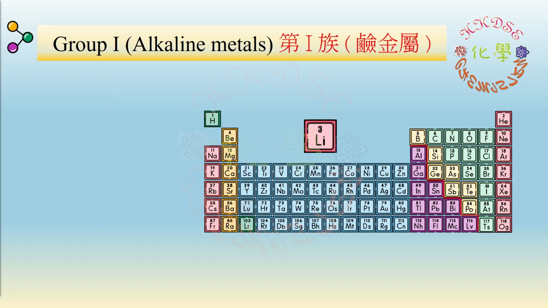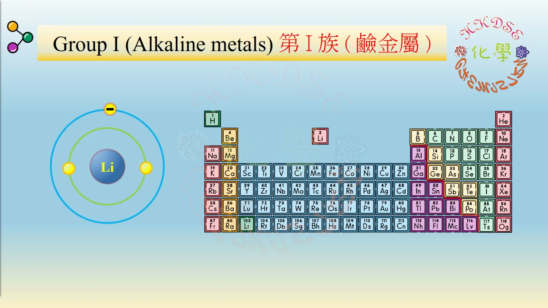Let's look at lithium. Lithium has 3 protons and 3 electrons. It has 1 electron in its outermost shell. Hence, it will be more energy efficient for lithium to lose 1 electron than gain 7 electrons to complete its outermost shell. As lithium loses 1 electron, it becomes lithium ion.